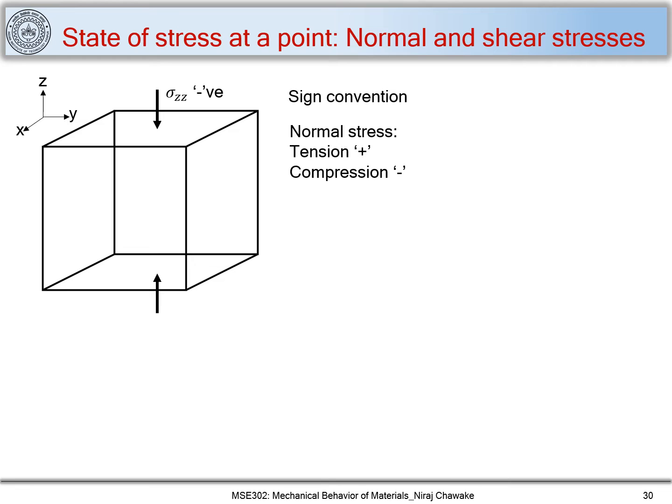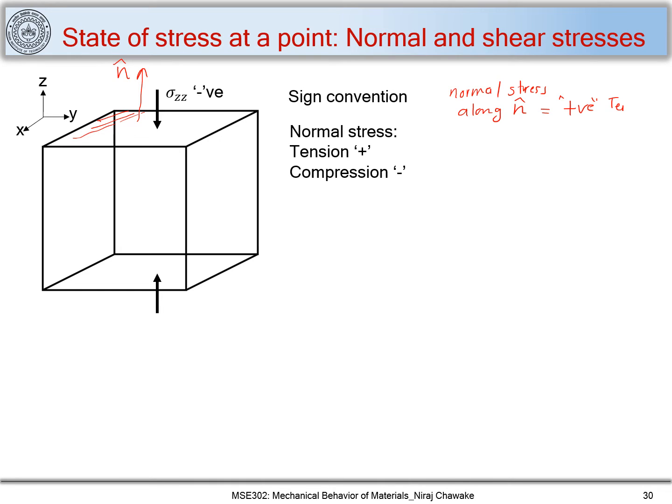Another way of looking at it is, let's say I have this z plane, and the direction normal to this z plane is perpendicular to it. If the normal stress is acting along this direction normal, it will be tensile stress, which is positive.